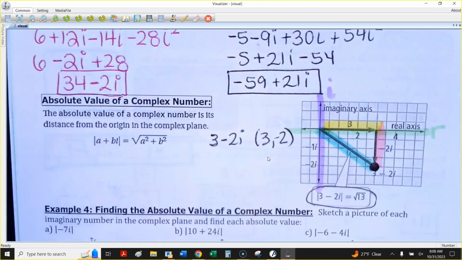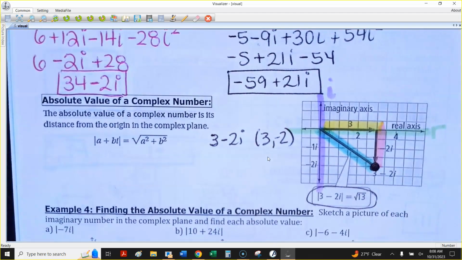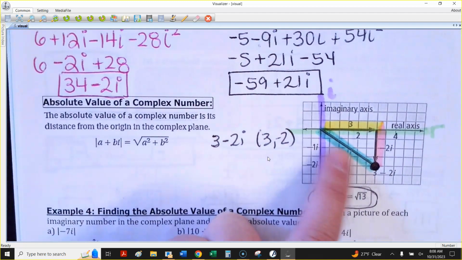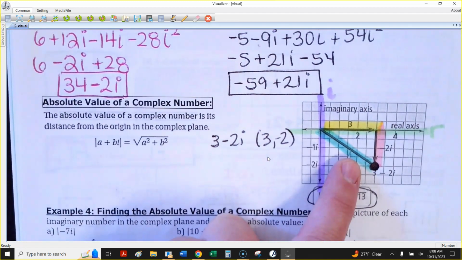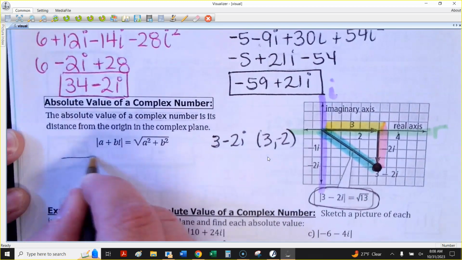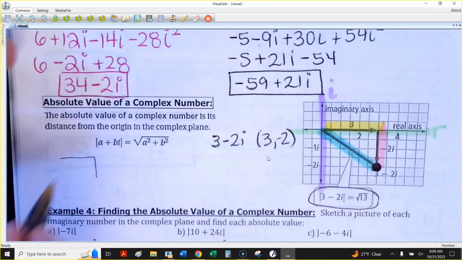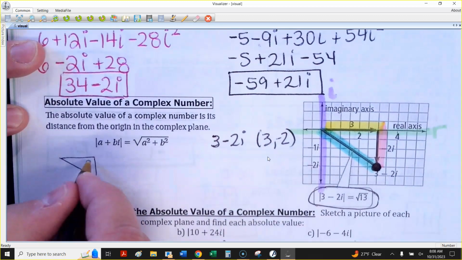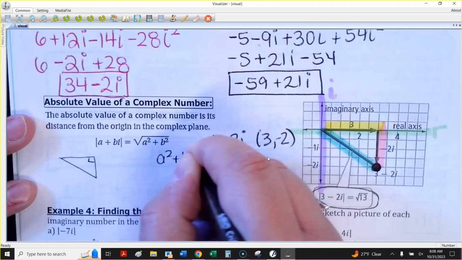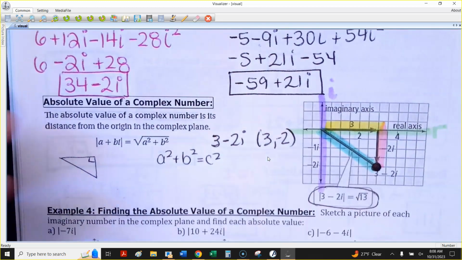Think back to geometry real quick. How would you find the length of the hypotenuse of that triangle? Yes, this is literally just a little Pythagorean theorem. You've got your a squared plus b squared equals c squared, and you can follow the little formula that's there.